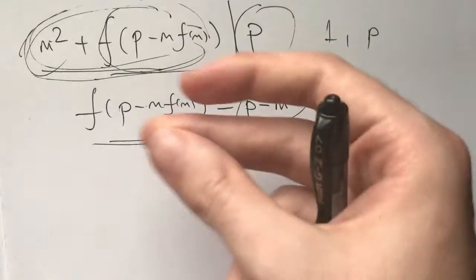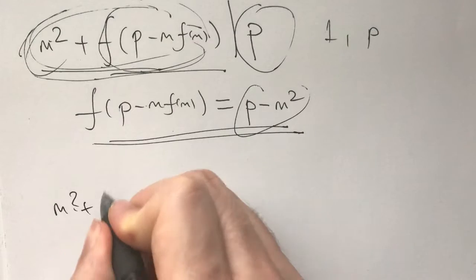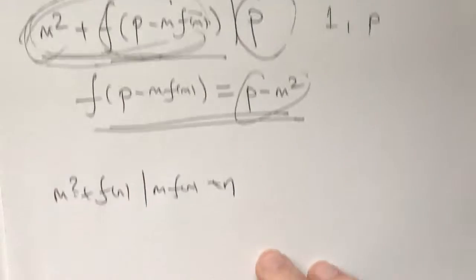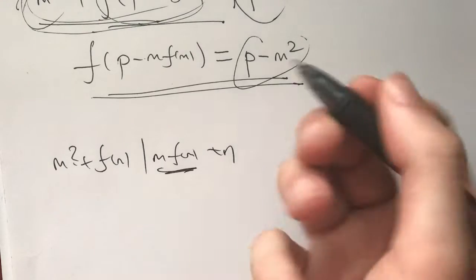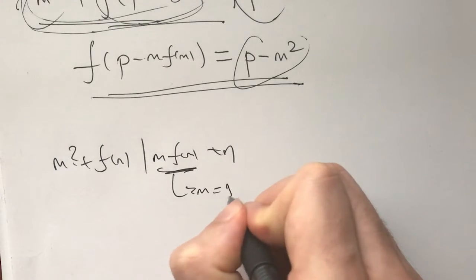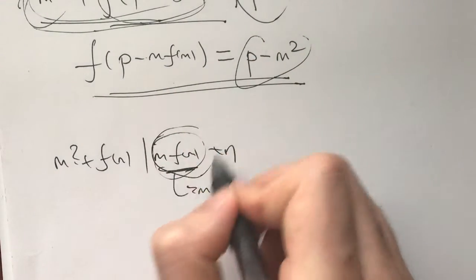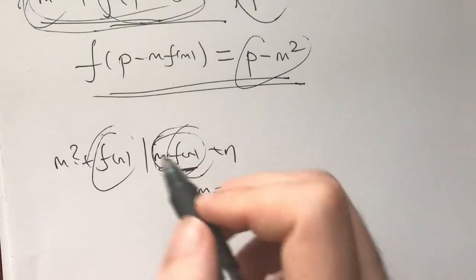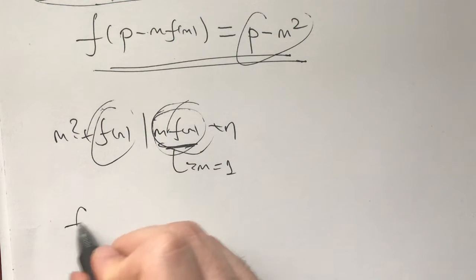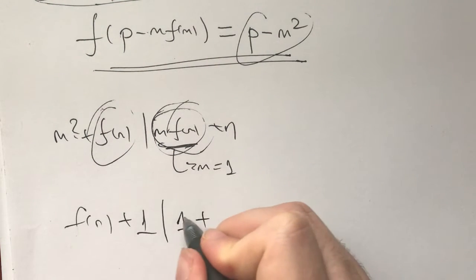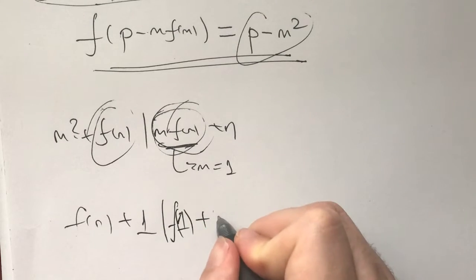And here's the next step for me. We have m squared plus f of n divides m f of m plus n. Now, let me see what happens when I plug in m equals 1. Then this side is limited, which sort of limits what f of n can be. So I have f of n plus 1 divides, actually no, f of 1 plus n.